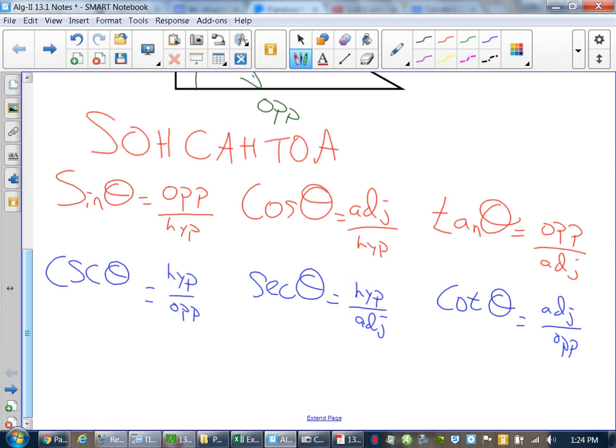So inverse trig functions flip from trig functions. And we go through all the process of how to do all of this later on. And you'll be able to graph something that looks like this with no problem.